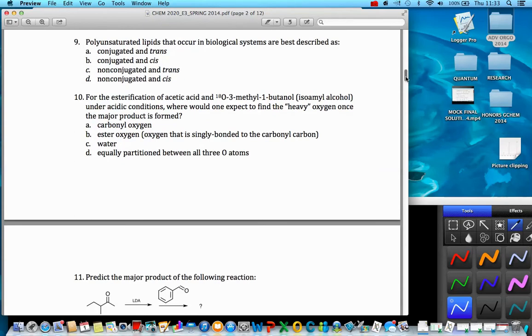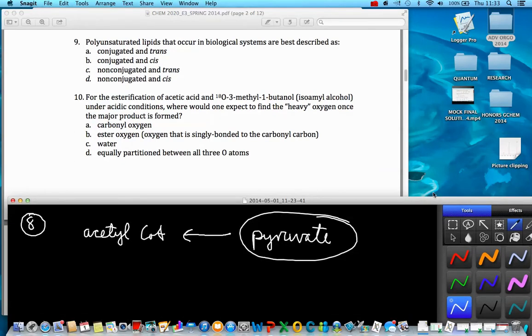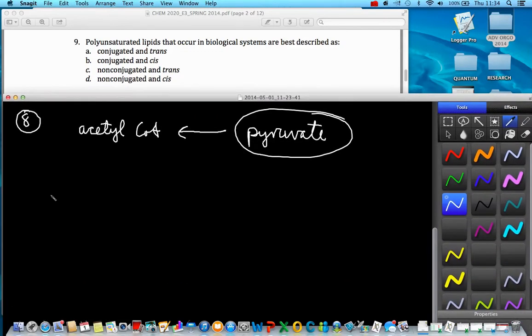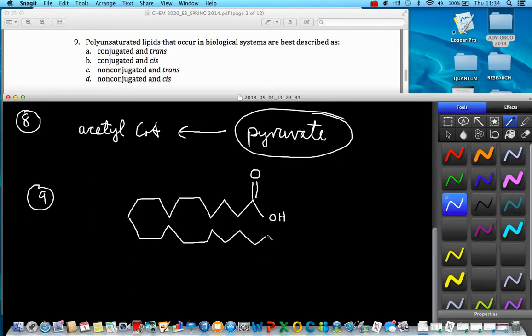9. Polyunsaturated lipids are always non-conjugated and they are always cis. I made a pretty big deal about this in the lecture. So if we look at arachidonic acid, which is a 20 carbon carboxylic acid, the double bonds are all cis and they're non-conjugated, which means I have allylic hydrogens that can easily be removed.